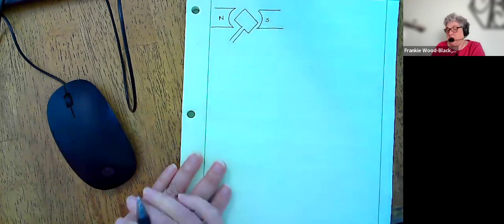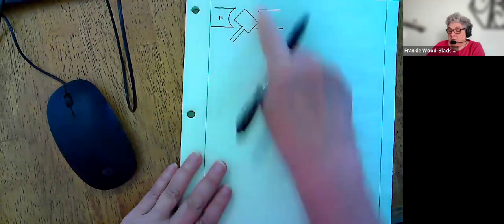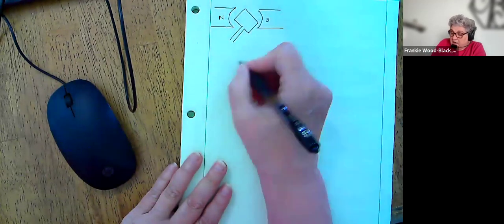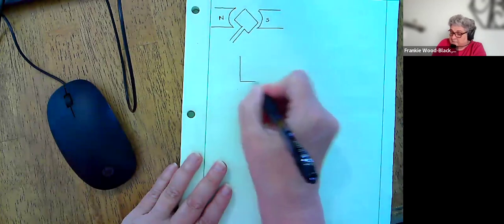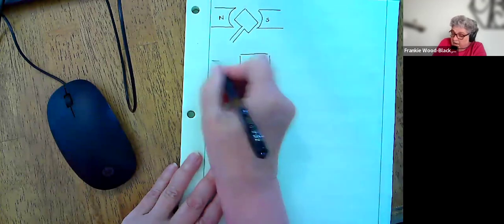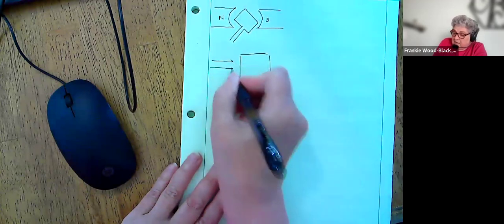If I have a wire, and this is one loop of my wire, and I have my magnetic field here, so we've got a square wire with a magnetic field that comes through here.